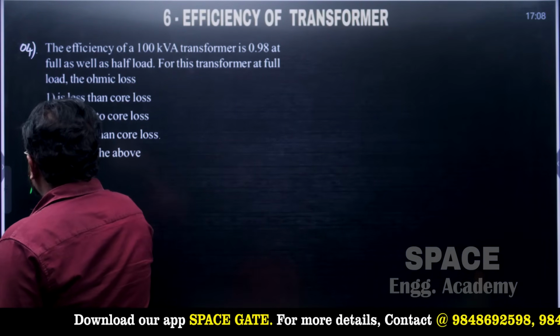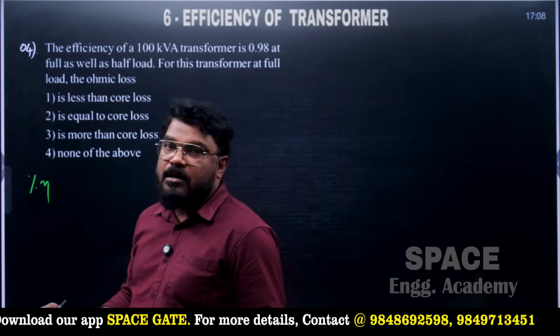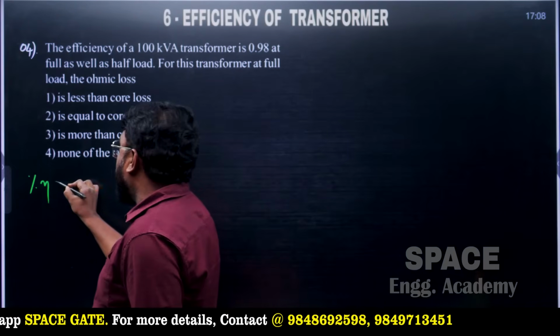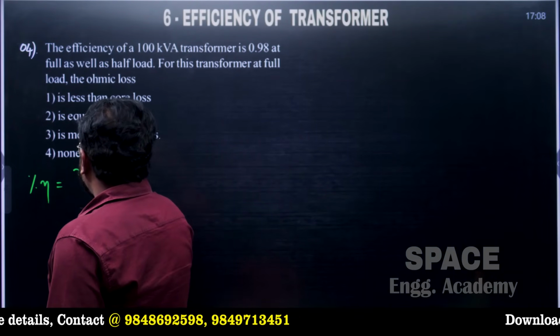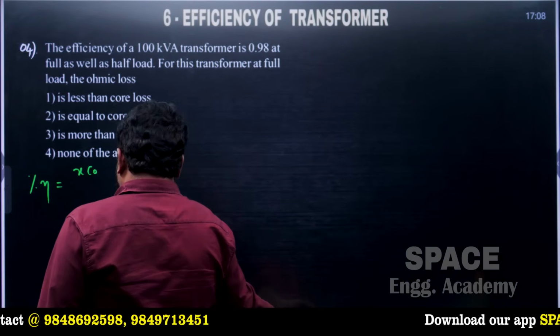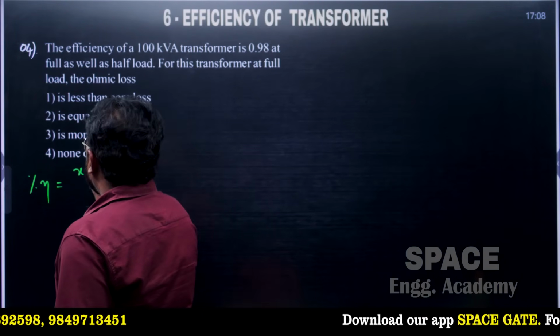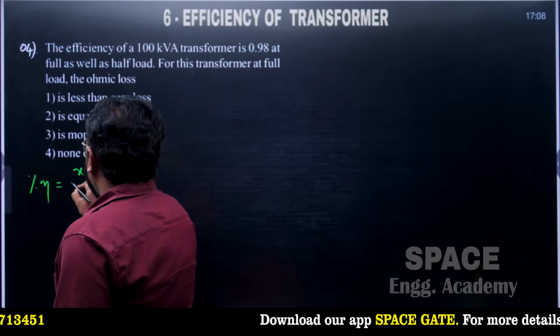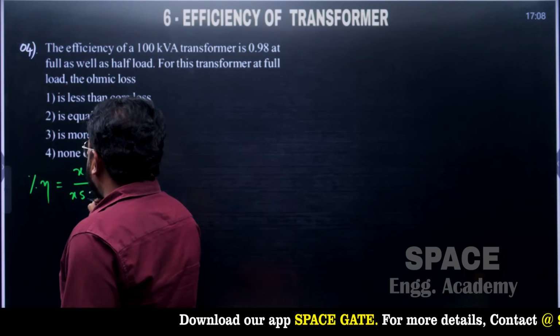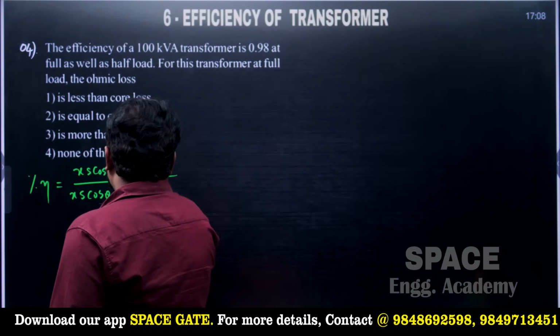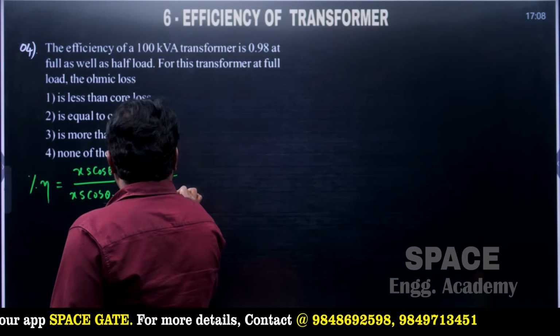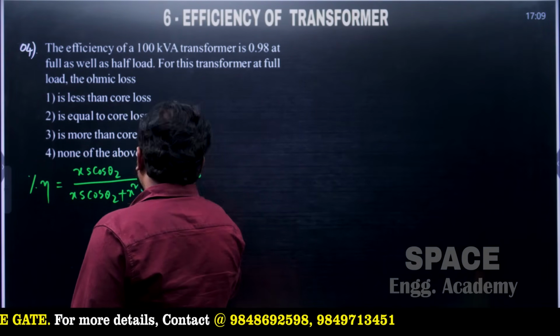We know that the percentage efficiency of the transformer at any x of the load is equal to x S cos theta divided by x S cos theta plus x square copper losses plus iron losses, multiplied by 100.